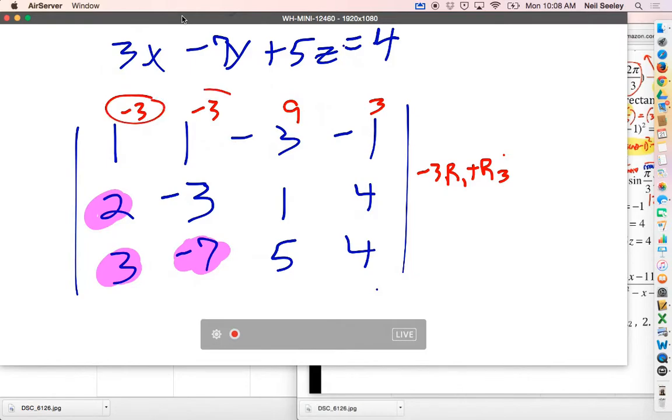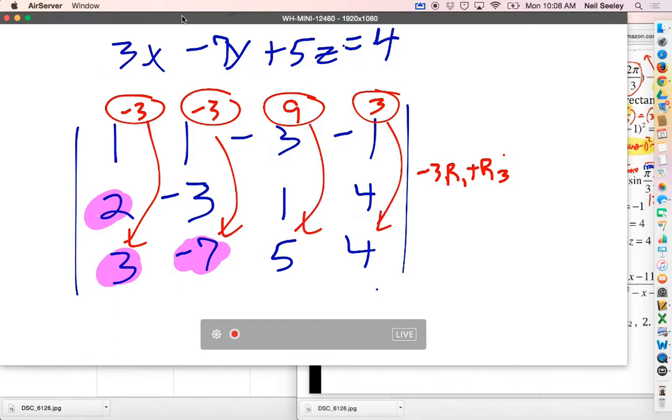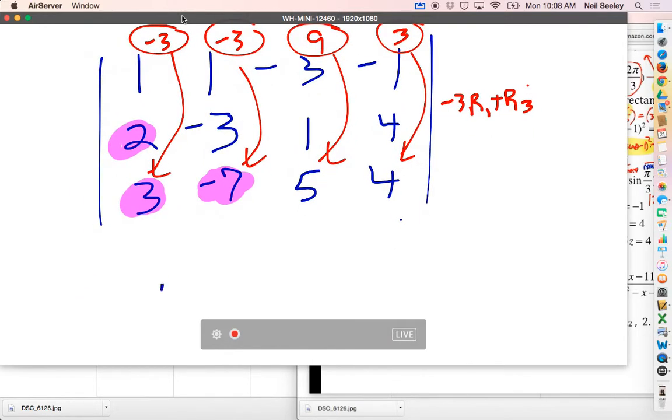And those numbers are what I add to the third row. This is what I do to keep myself sane and keep track of what I'm doing. The result of that sum, I'll put in the bottom row in a new matrix. So that'd be 0, -10, 14, and 7. I write everything back the way it was.